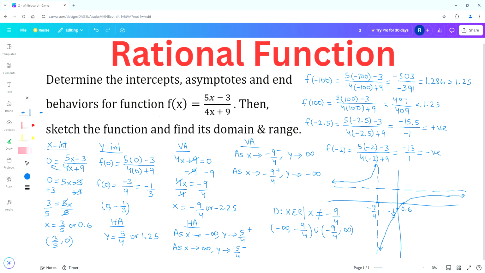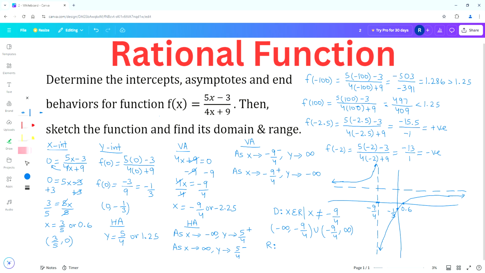Next we can write the range. Range is the set of all possible y values for a function. In this case, the restriction on the range will be the horizontal asymptote y equals 5 over 4 or 1.25.